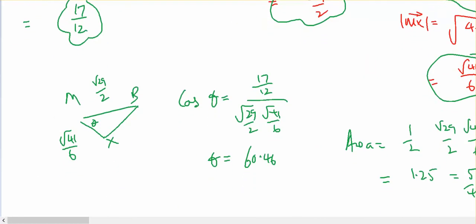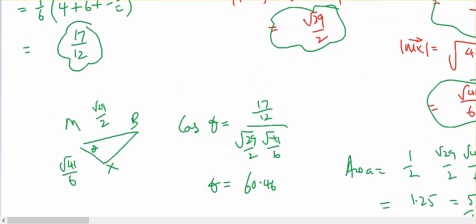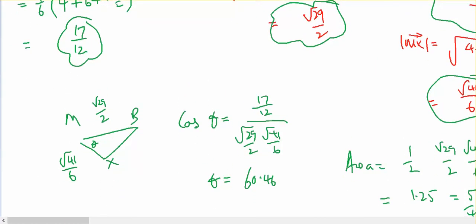So I can now use that information to find the angle theta. Because if I've got MB dot MX, it's the magnitude of MB, magnitude of MX, times the cos of the angle.